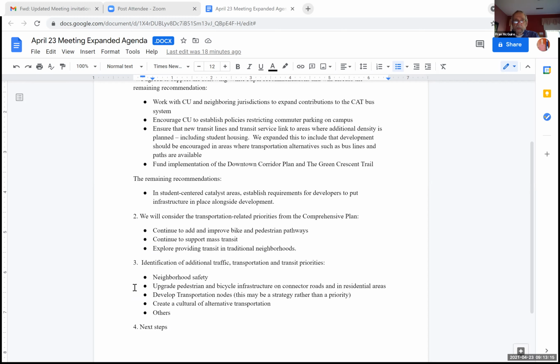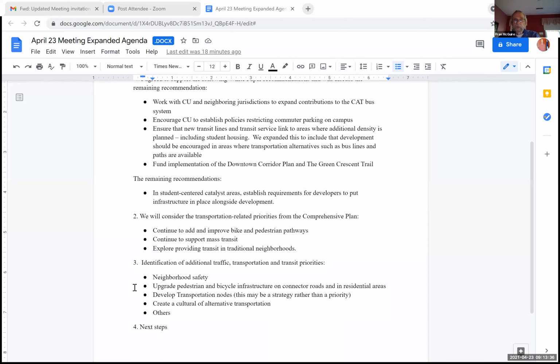So we talked a lot about neighborhood safety. We talked about upgrading the pedestrian bicycle infrastructure, and we've already just dealt with that. We talked about developing transportation nodes, but again, that might be a strategy, not a priority. And then we talked about creating a culture of alternative transportation.